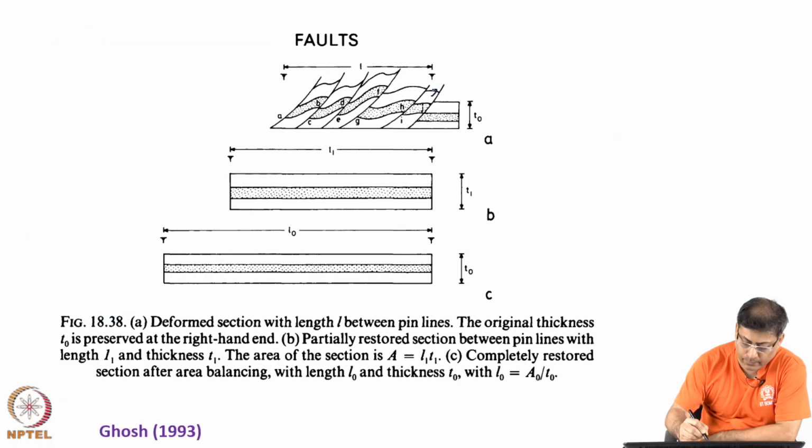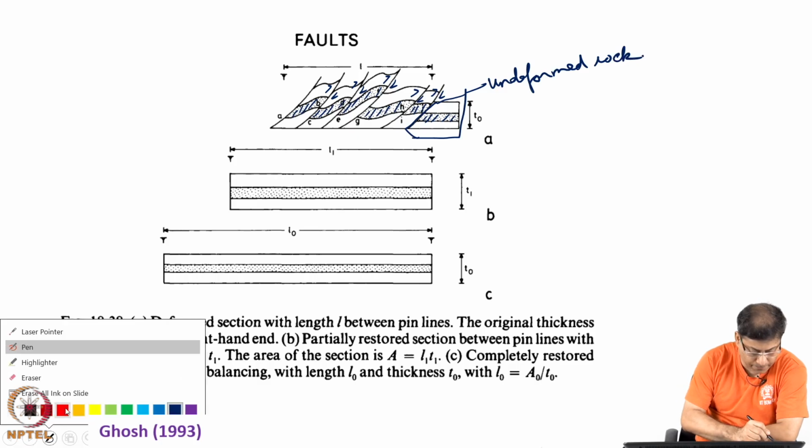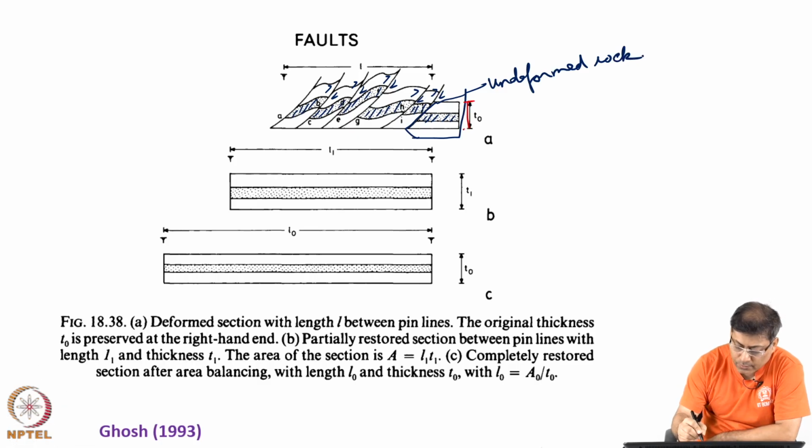Let us take a set of reverse faults which are listric and mutually parallel, and this particular layer is in focus. This is a portion where we are finding the undeformed rock. Since this part is undeformed, we go by this thickness T0.